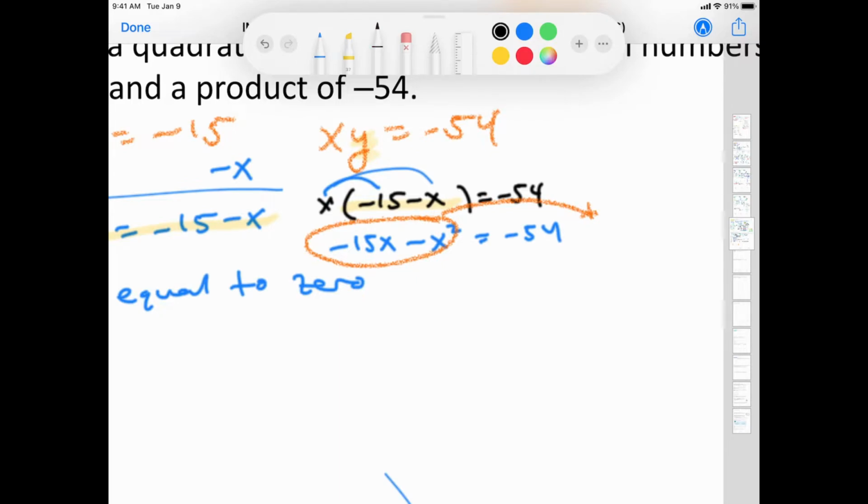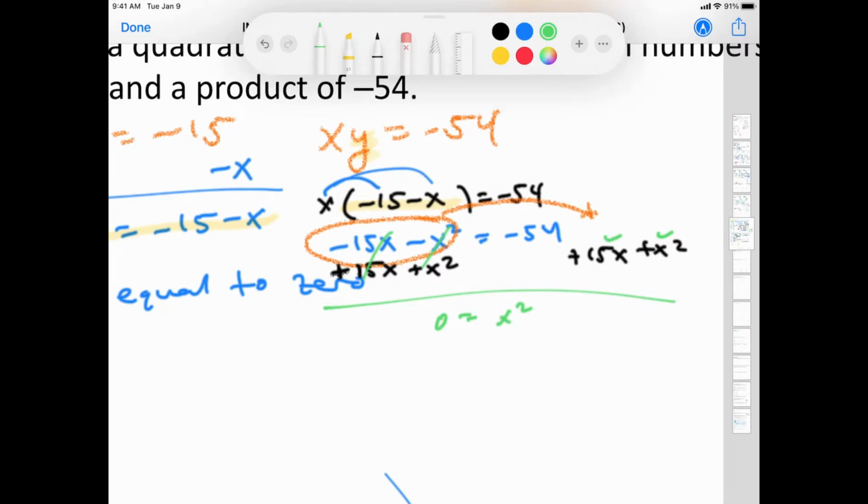So to do that, we do the inverses or opposites. Add 15x. Notice how I didn't line them up because they're not like terms, and x squared. 0 equals x squared plus 15x minus 54.